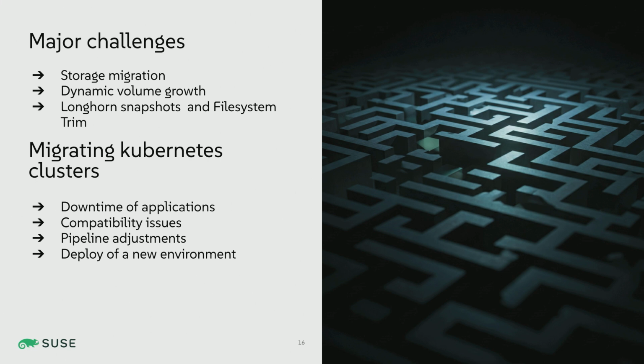Another challenge that we had was the downtime of our applications. How are we going to manage that? For such a big environment, we have today over 800 applications running on our systems. Some of them are stateless, some of them are stateful. How do we manage all this with the downtime, and compatibility issues with versions of Kubernetes, versions of Helm, versions of the system that we are going to use?